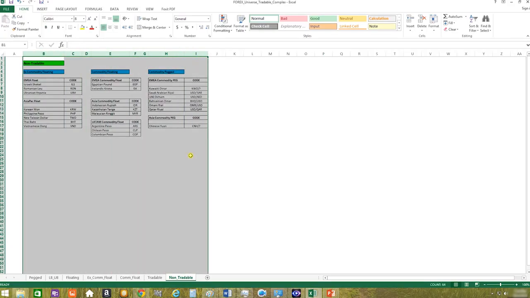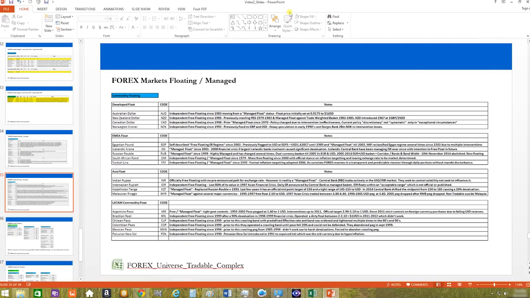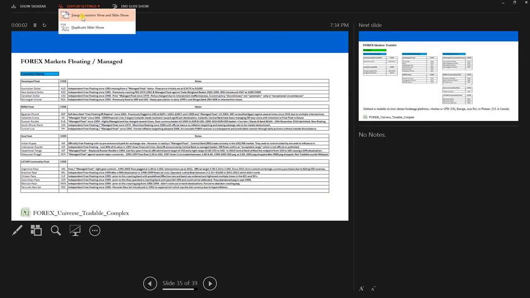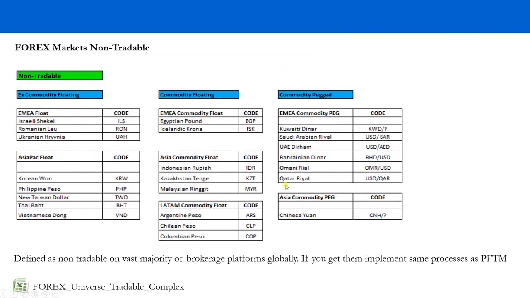These are a universe that basically are generally not tradable on retail trading platforms. So again, download the spreadsheet, go through the process yourself, understand how we've got to this point, and you'll be able to do that in your own time. We have the tradable complex here. What we have here is the non-tradable complex, so screenshots of the spreadsheet that you have access to in the downloads area.